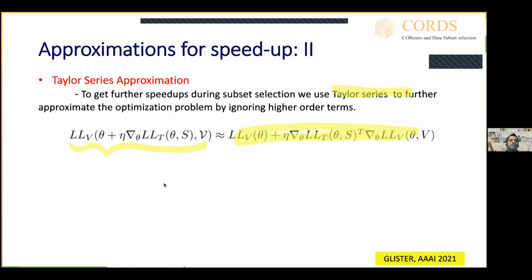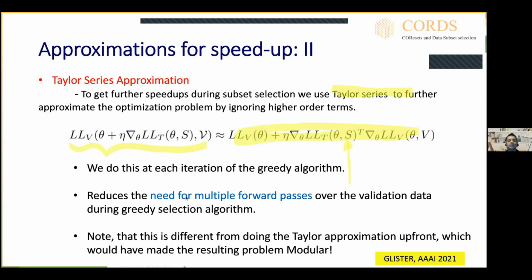So instead of working with this complex objective, how about a Taylor series expansion so that you can further approximate the optimization problem, ignoring higher order terms? What you observe is that now the influence of the subset is only in the second term. The first term is just the previous iteration of theta used to evaluate the log likelihood on the entire validation set. So this is done at each iteration of the greedy algorithm.